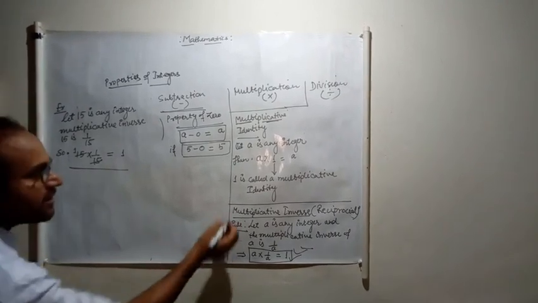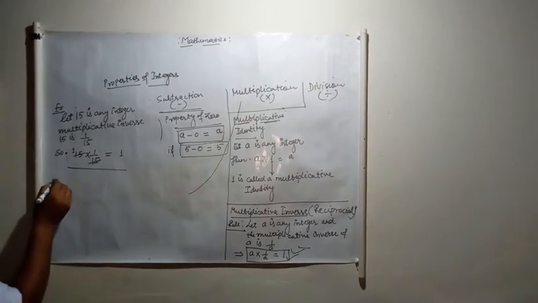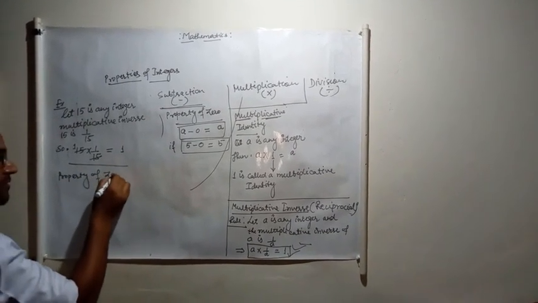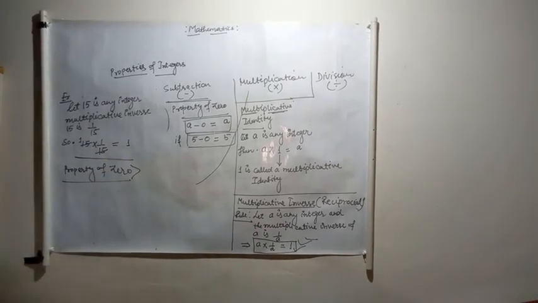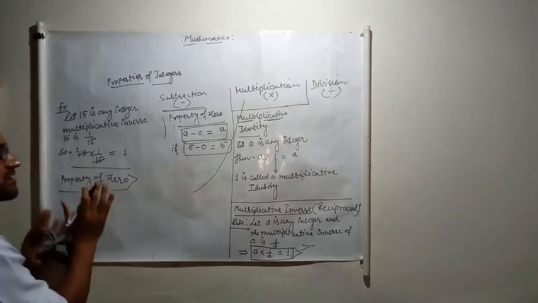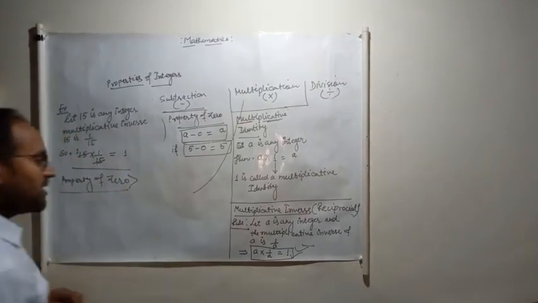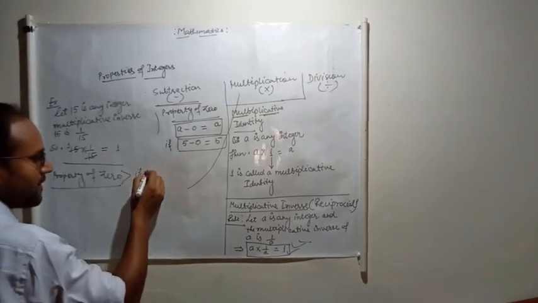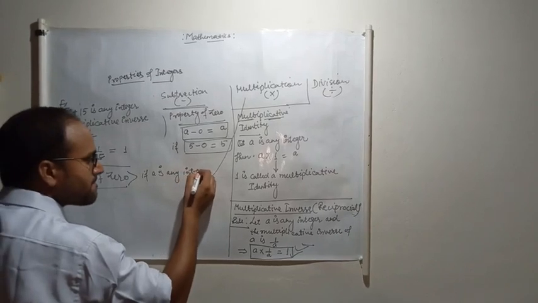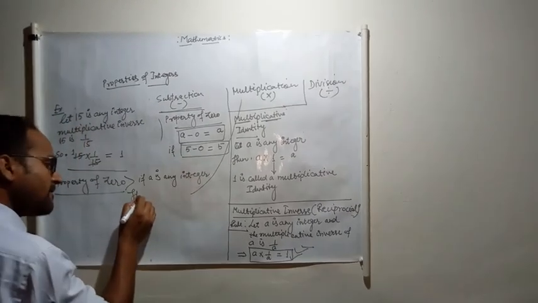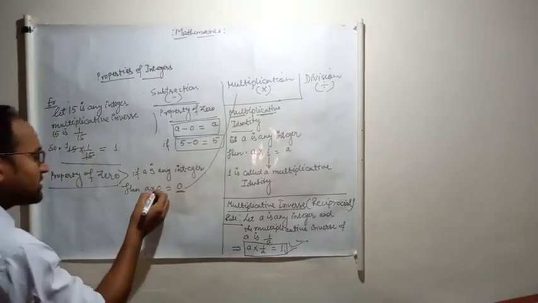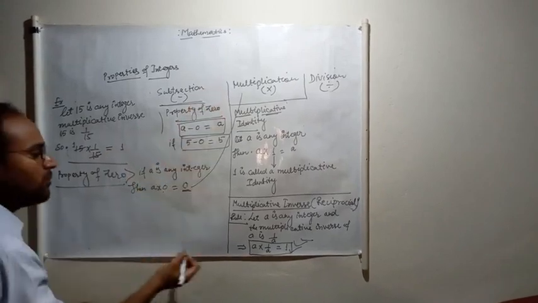And one more property related to multiplication is the property of 0. The property of 0 is also very important. Any integer multiplied by 0, you always get 0. That is known as the property of 0 in respect of multiplication. If A is any integer, then A multiplied by 0 always gives 0.